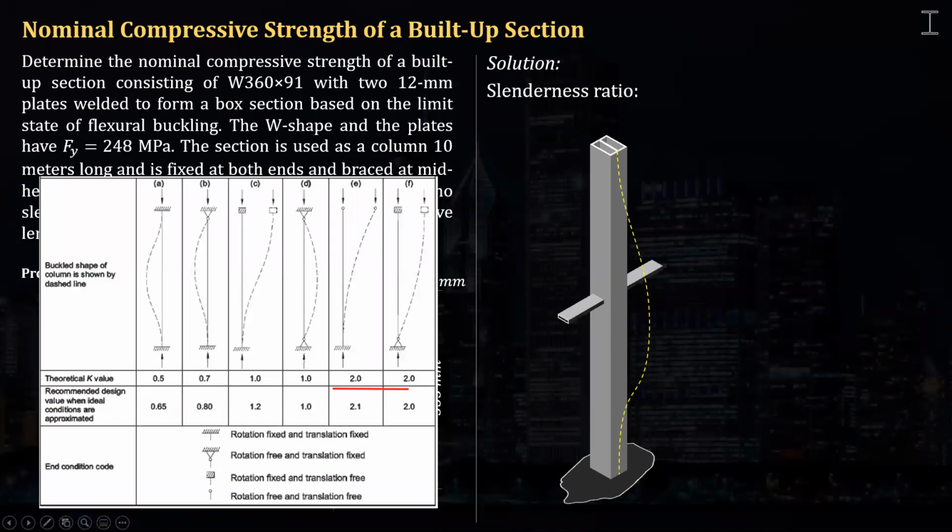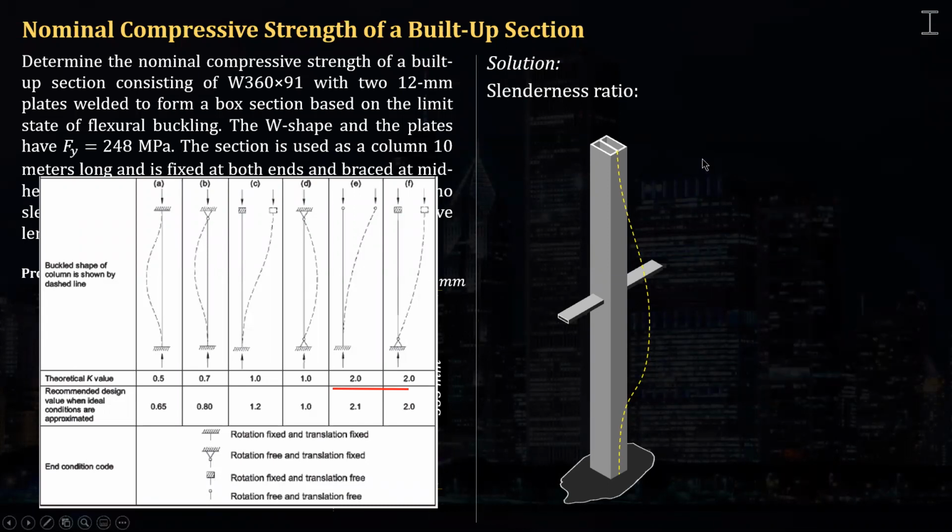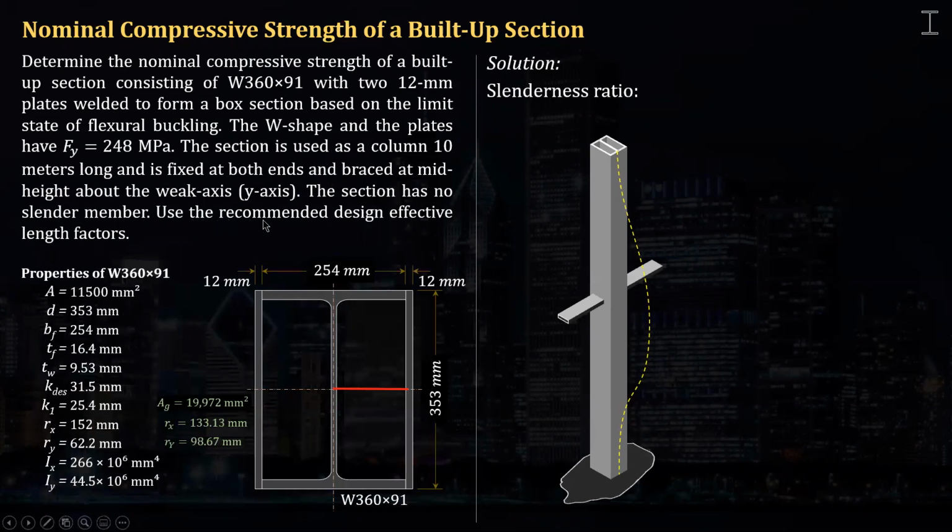So let's calculate first the actual KL over R. Now here, if we are considering the flexural buckling with respect to X, there's no effect. I mean, the lateral bracing has no effect here. So we're gonna use this whole length as L, while K must be the recommended design value of K. We were asked not to use the theoretical effective length factors.